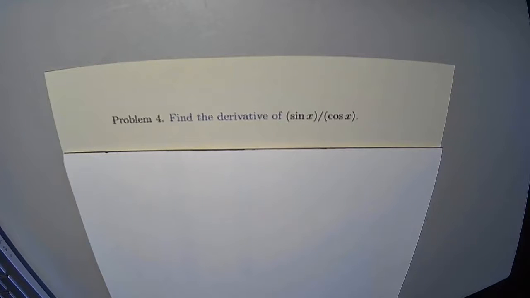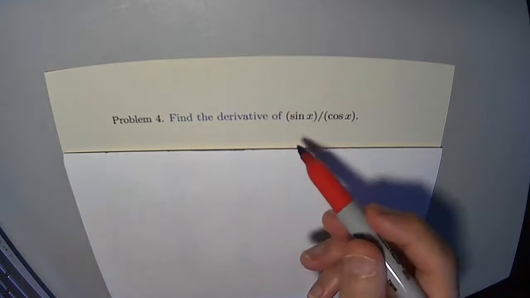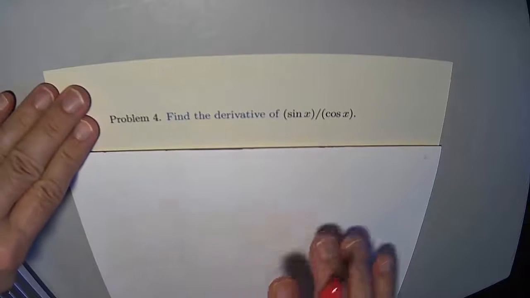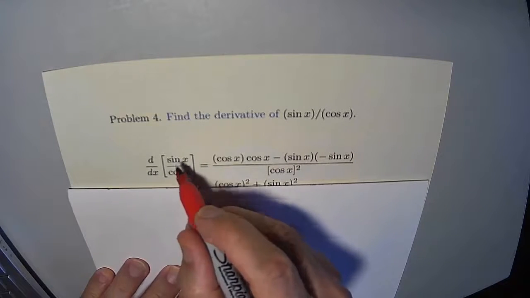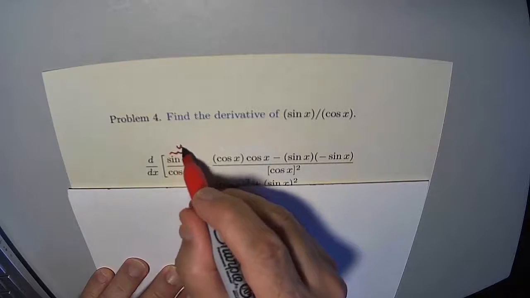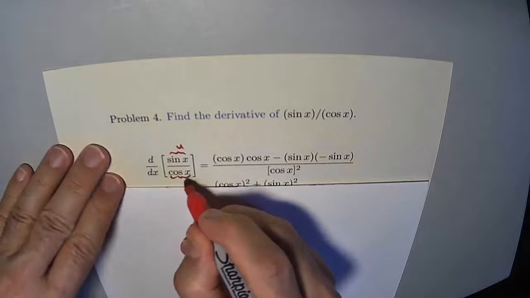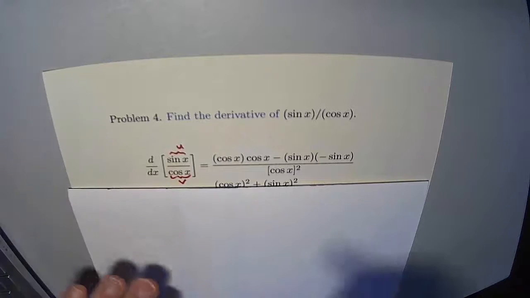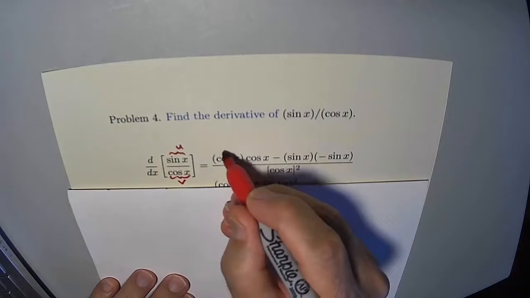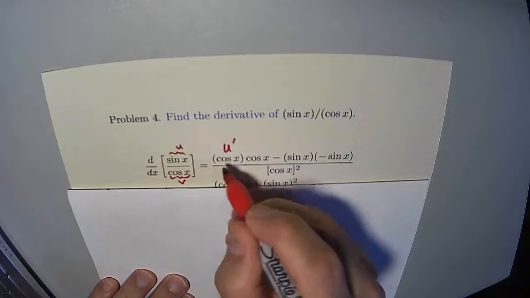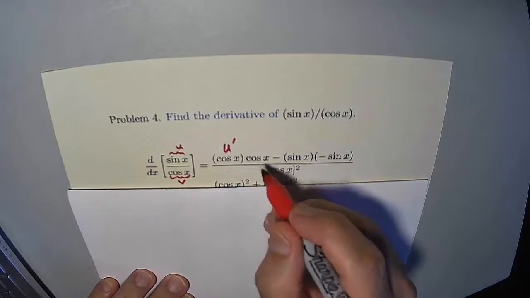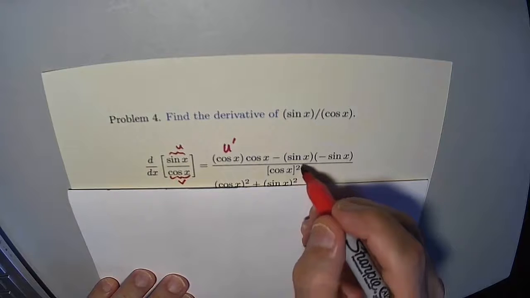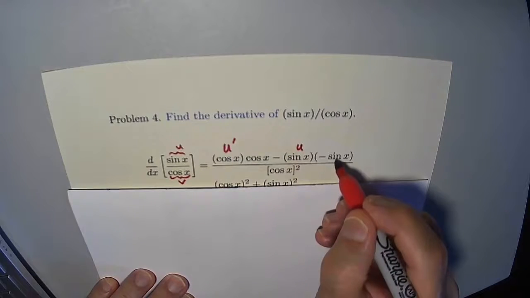In problem 4, we have the derivative of a trigonometric fraction, sin x divided by cosine x, with u sin x and v cosine x. We do the quotient rule. U prime, the derivative of u, is derivative of sine, cosine, times v, again cosine, minus u times v prime.